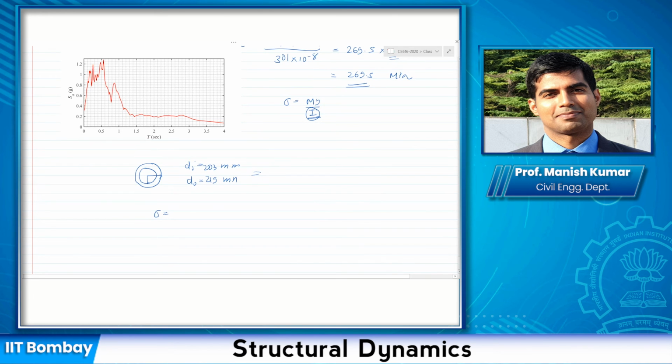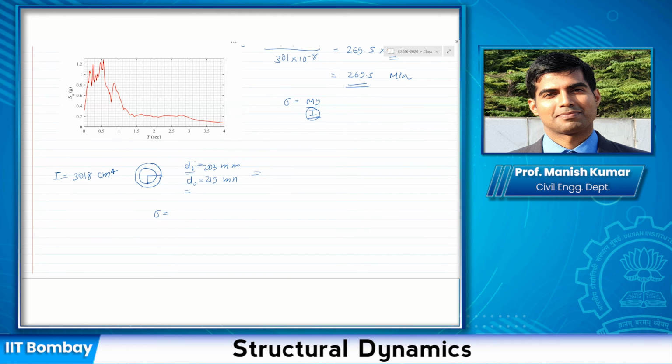Repeat the same calculation and see what stress you get, and we would see a very interesting conclusion. Wait, I forgot to give you something. After changing this, my I would change. You don't have to calculate it, although there is a formula, pi by 32 times (d1^4 minus d2^4), but I'm just giving you the value of the moment of inertia after making these changes. The rest of the parameters remain the same, so you don't need to actually calculate this.